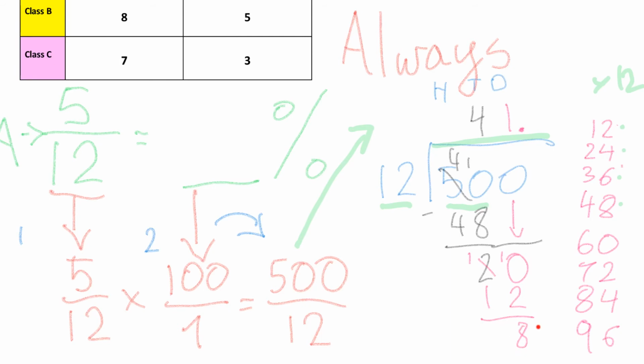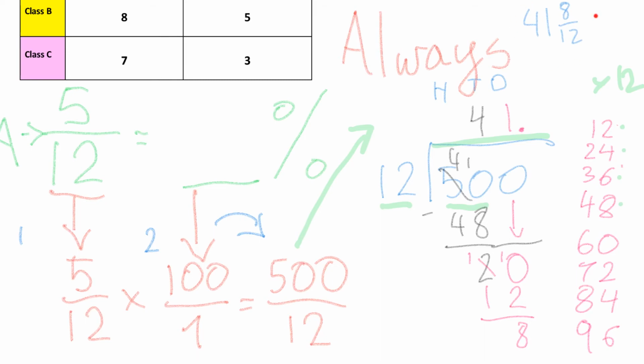Because here I have a remainder of 8 and my divisor is 12, I could say that I have a remainder of 8, but that doesn't help us. Because I still want to divide 8 by 12, I can simply write it down as 41 and 8 twelfths, as a mixed number.